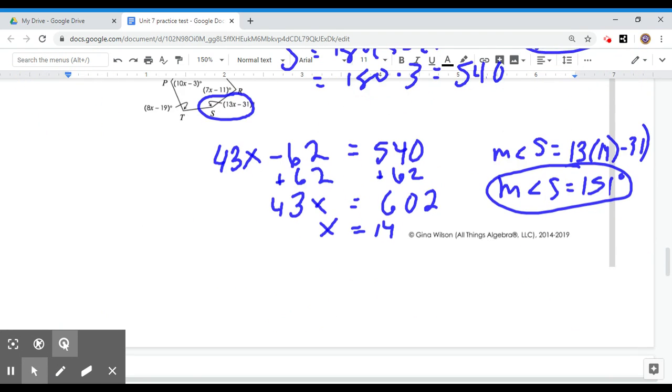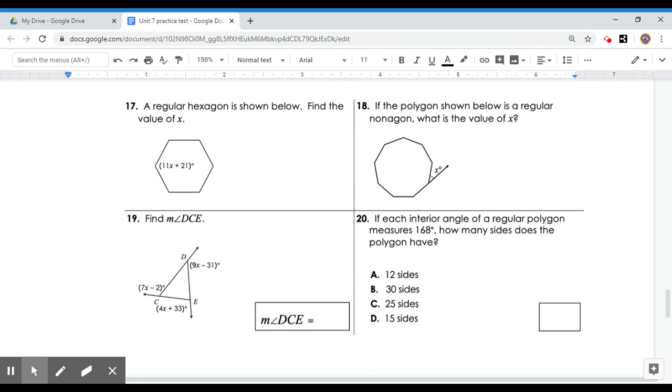All right, next question. We have a regular hexagon. Find the value of x. So in order to find the measure of each angle of the regular hexagon, we're going to do 180 times 6 minus 2 divided by 6. So that's 180 times 4 divided by 6, which is 120.